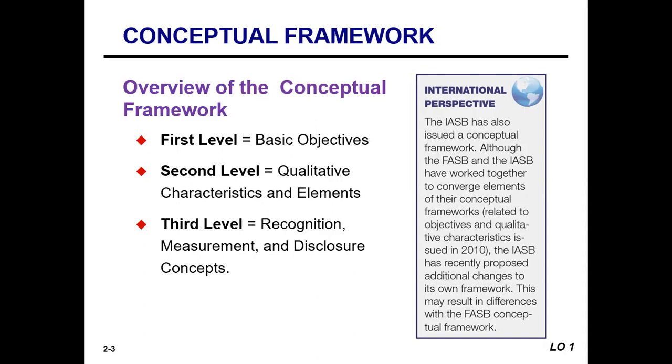The second level of the framework discusses the qualitative characteristics and elements. The qualitative characteristics being that of faithful representation and relevance, and the elements of the financial statements, assets, liabilities, income, things like that, which we're going to see in depth as we continue through.